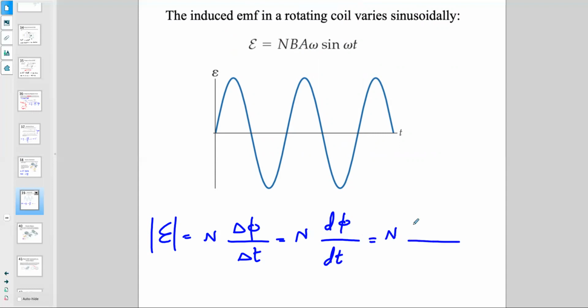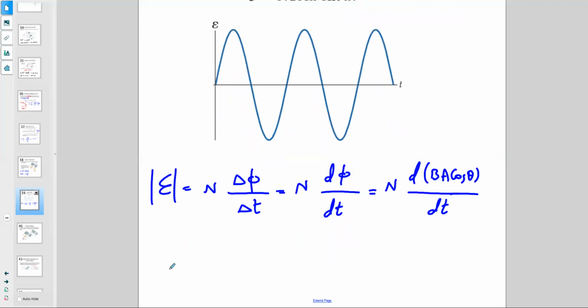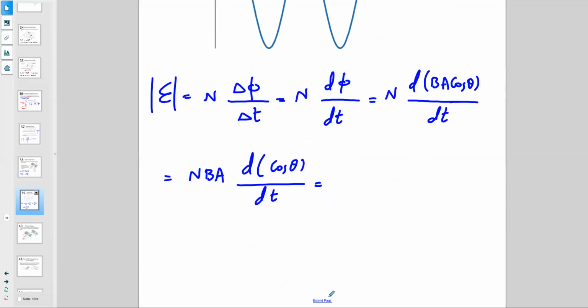And N d of what phi is, B A cosine theta over dt, okay? And then B is constant, A is constant, so they can come out of this derivative. So N B A d of the cosine theta over dt. And this theta is omega t, by the way.